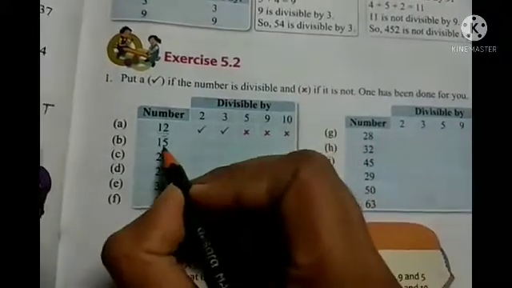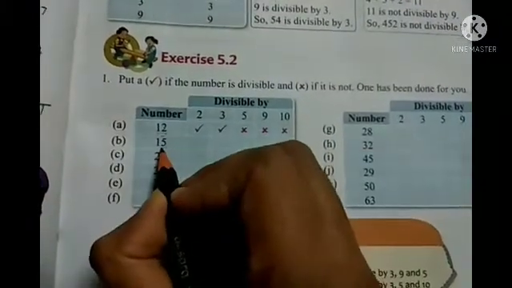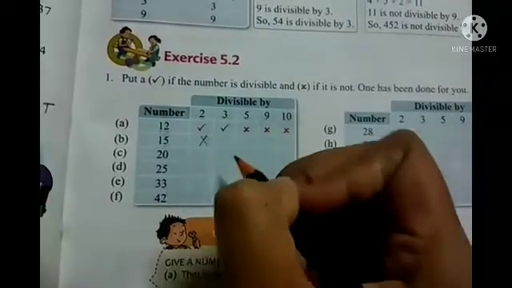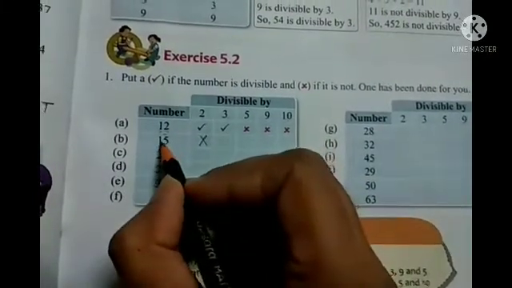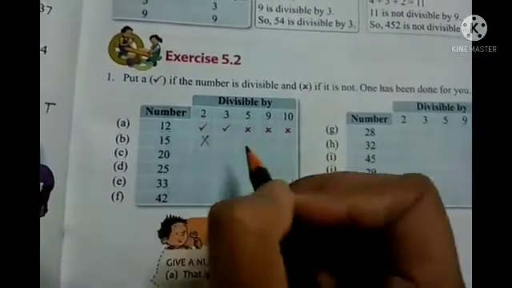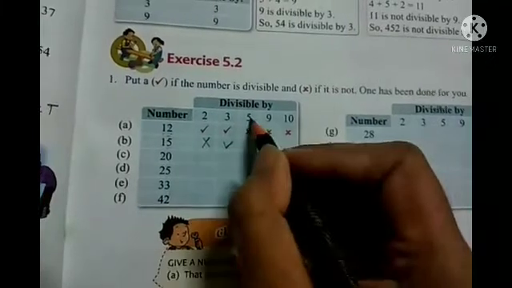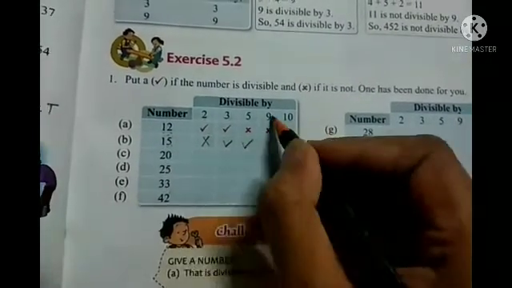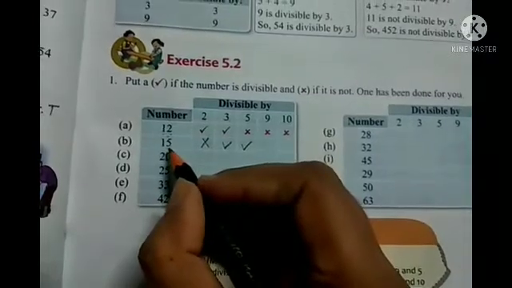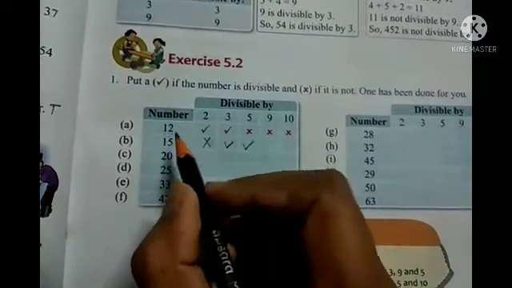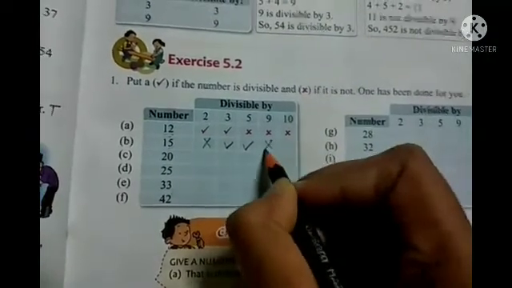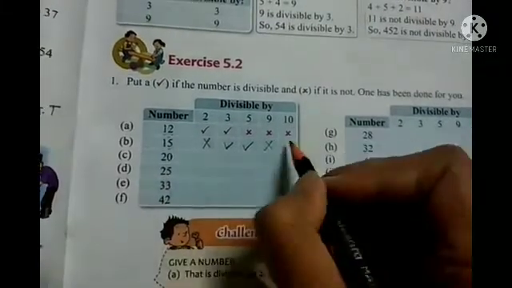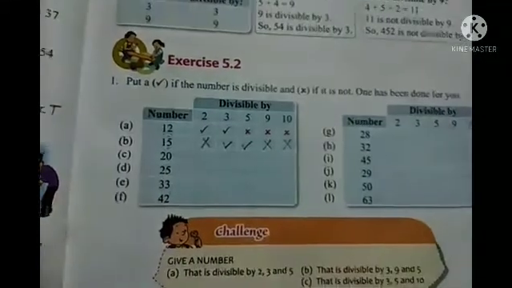Similarly, can you tell me about this, students? Last digit is 5, so it will not be divisible by 2, right? In case of 3, let's add it. 5 plus 1 is 6. 6 is divisible by 3, so yes. For 5, last digit is 5, so yes. 9, no, it can't be, because 6 is not divisible by 9, so I have to put a cross. And the last digit is 5, so with 10 also it will not be divisible.